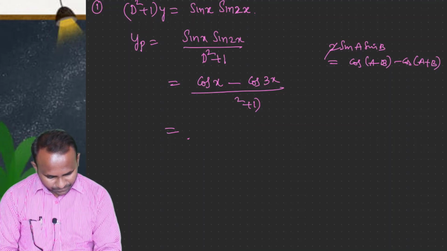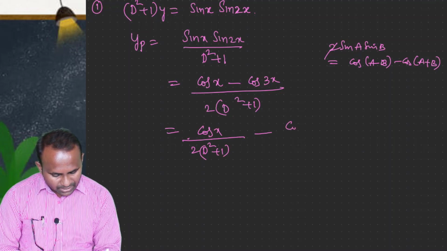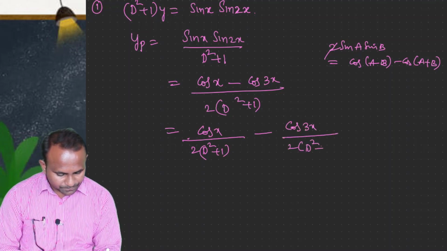Now this is after splitting into two different particular integrals: cos x by 2 times d square plus 1 minus cos 3x over 2 times d square plus 1.